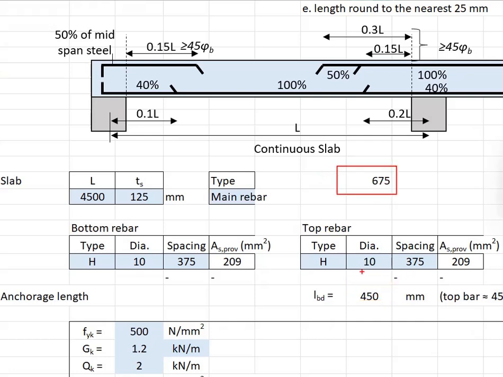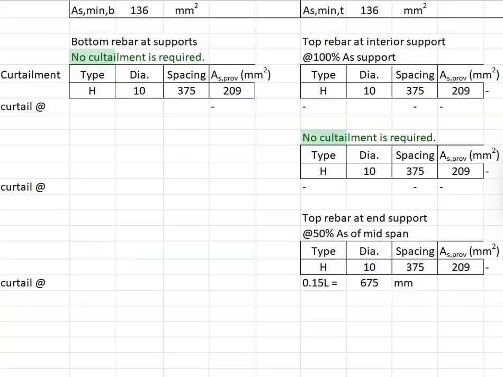You will choose the bigger value of the two. Therefore, you know that the reinforcement bar will end here at 675, as indicated here.